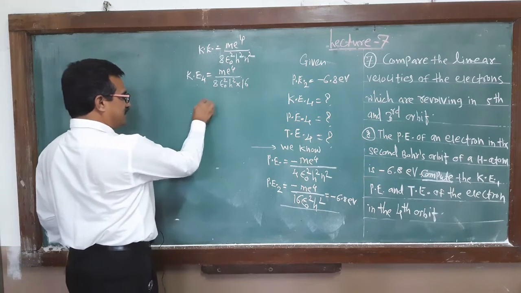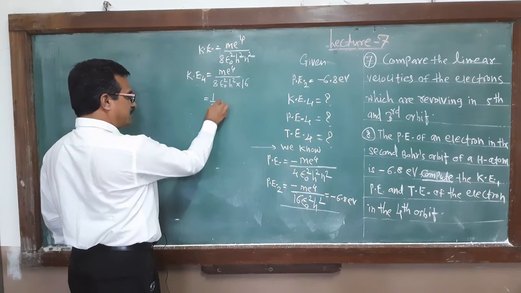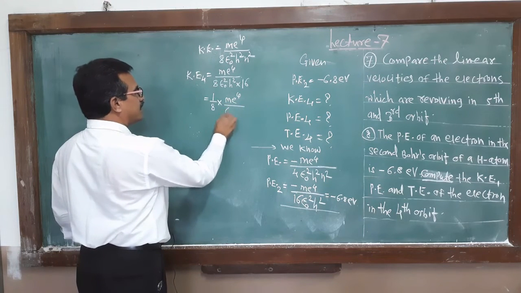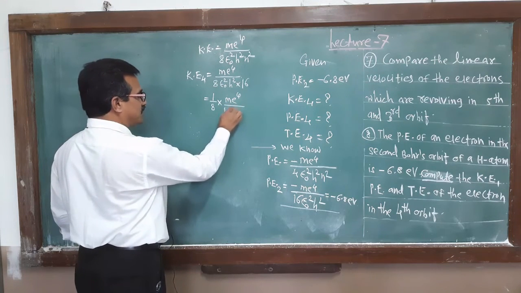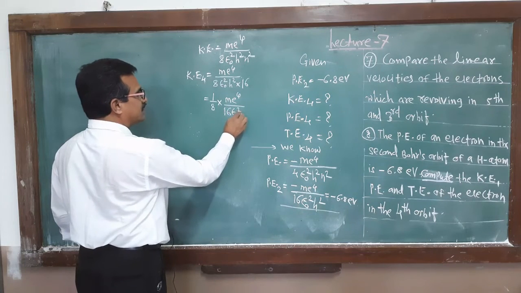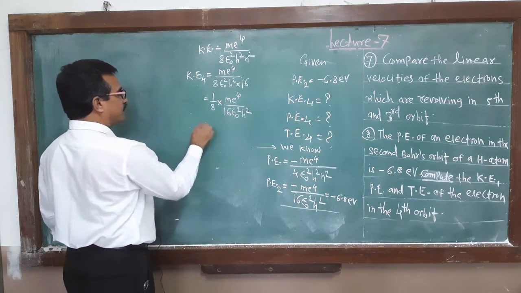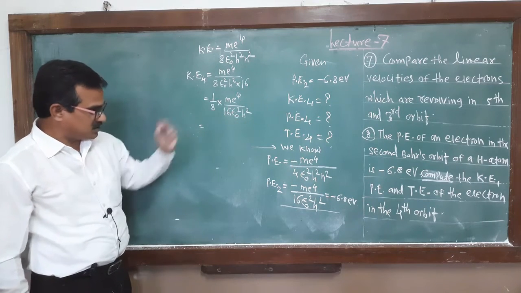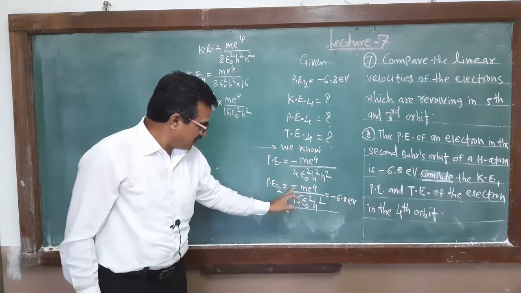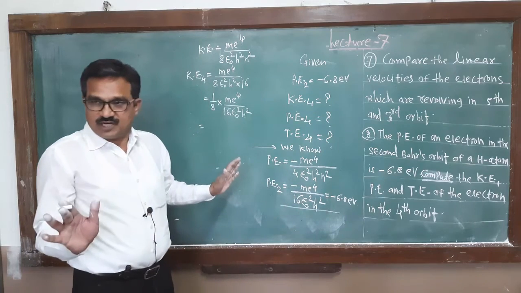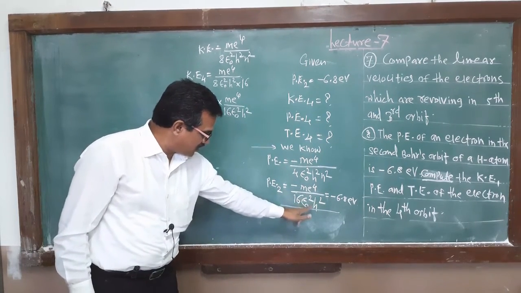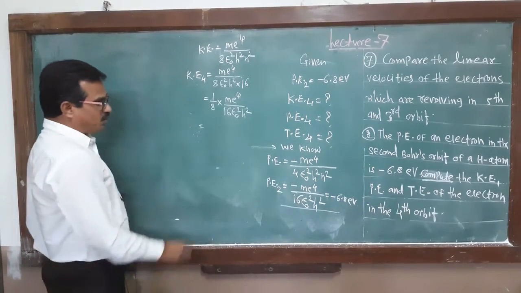That must be equal to 1 upon 8 multiplied by m e raised to 4 over 16 epsilon 0 square h square. Here is a negative sign, here is a negative sign. Don't worry about that negative sign. m e raised to 4 over 16 epsilon 0 square h square is equal to 6.8.